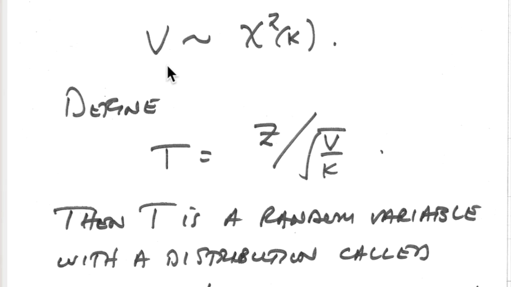On the other hand, v has a sample space that consists of the positive part of the real line, and so it's always going to take on a positive value, and so we can take the square root of that without any problem, and the denominator of this random variable t is therefore always positive. And so we can see that this random variable can take on any real number in the real line.